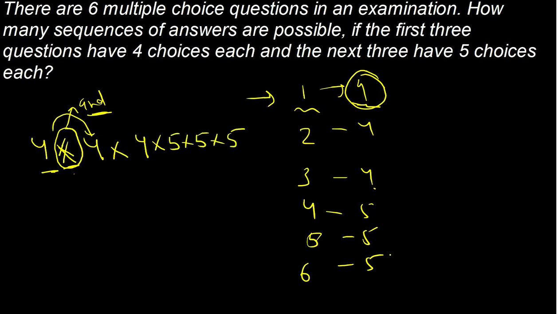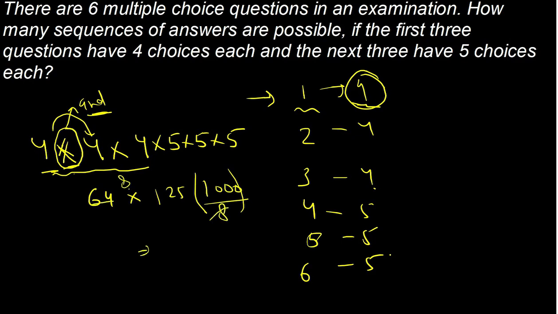So 4 fours are 16, 16 fours are 64. So it is 64 multiplied by 125, which is 1000 upon 8. 8 eights are 64, so this is going to be 8000. So there are 8000 combinations.